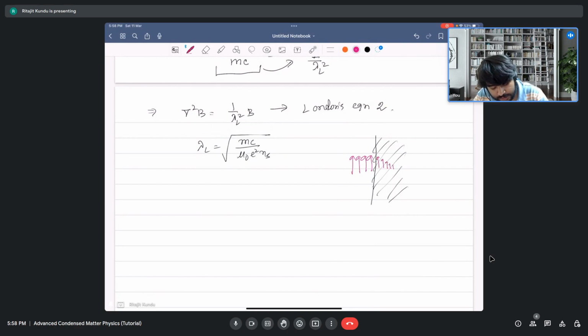It diminishes and becomes 0, or very small, over a length of lambda L. That is what this means.